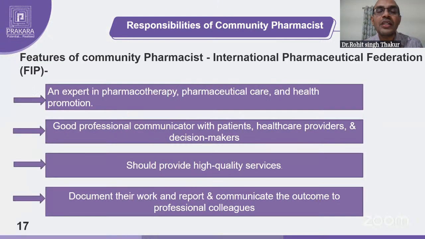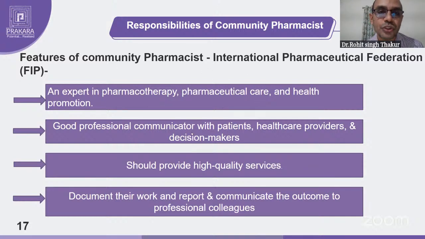Now, there are certain other responsibilities of a community pharmacist. FIP, which is nothing but the International Pharmaceutical Federation, has given an important list of features. What are those features as per FIP? Always remember, a community pharmacist should always be an expert in pharmacotherapy.